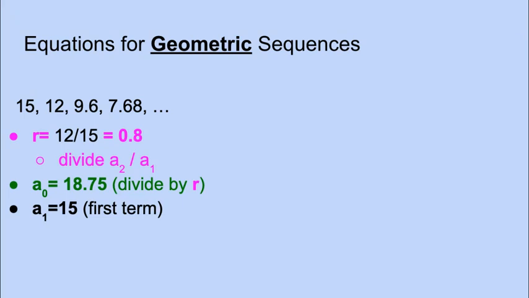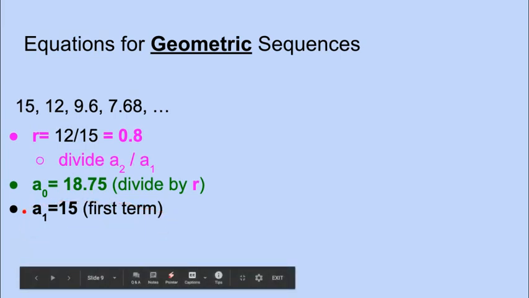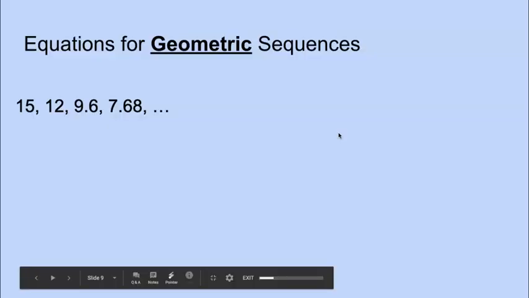To get the ratio, we want to divide 12 by 15 to figure out what we're multiplying by, so the second term divided by the first term. And so we get 0.8. To get the 0 term, we want to do 15 and then divide by that ratio, so we'll get 18.75. And then we can just look and see that our first term is 15.